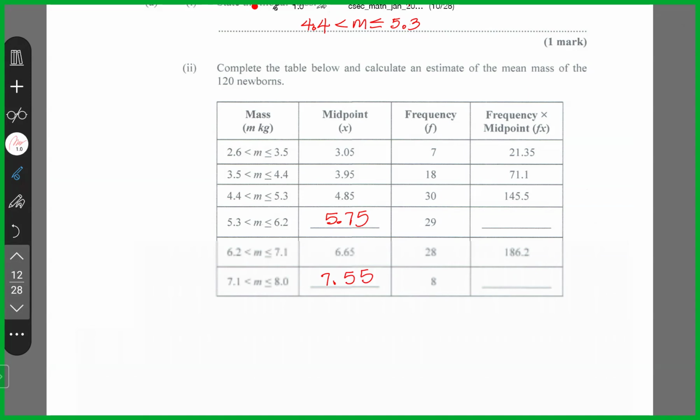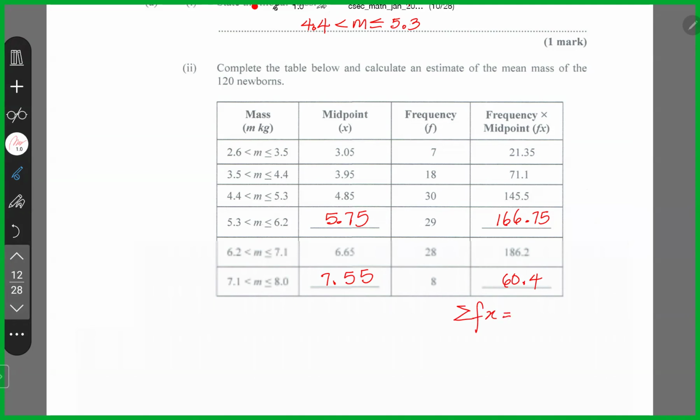So 5.75 times 29 gives you 166.75. 7.55 times 8, that gives me 60.4. So next I need the sum of fx.